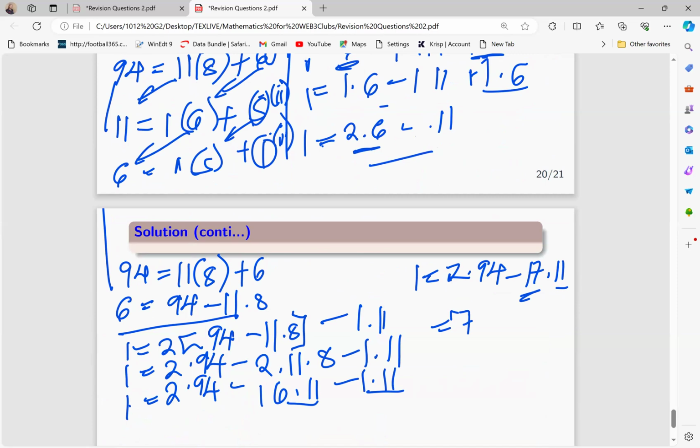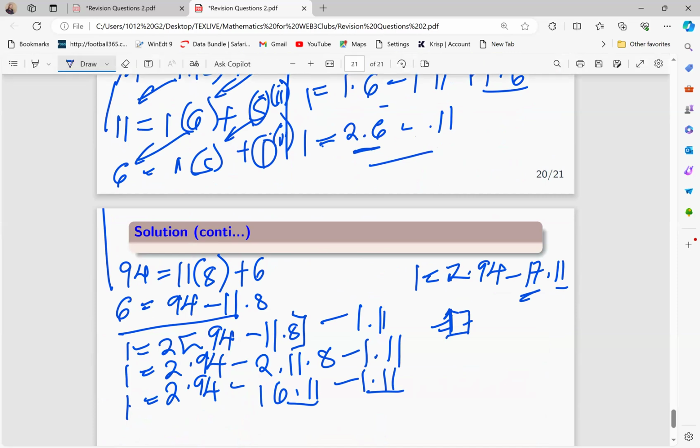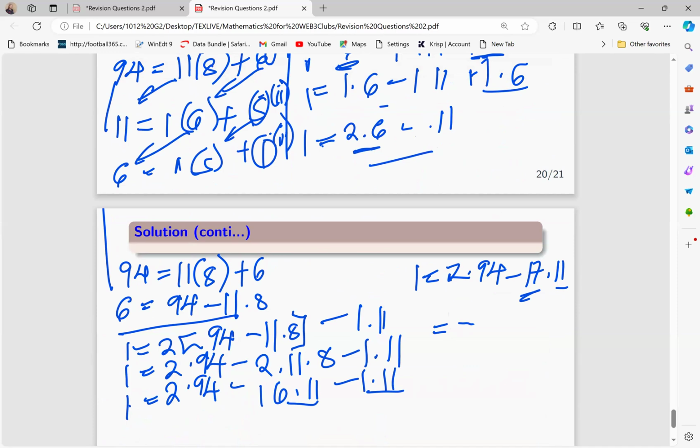It's negative 17. Oh, okay. So let me do that. So it becomes negative 17. Let's go back to the equation now.